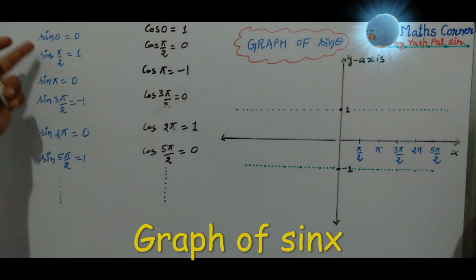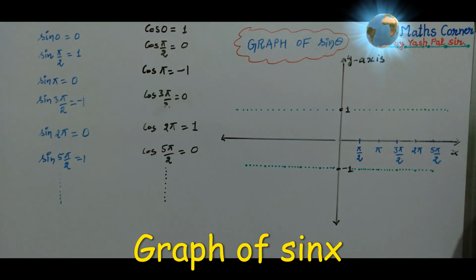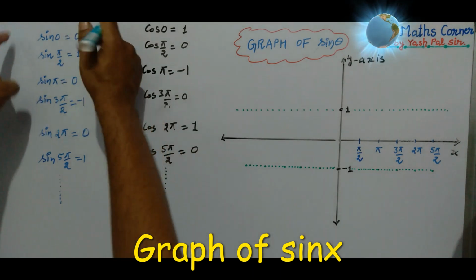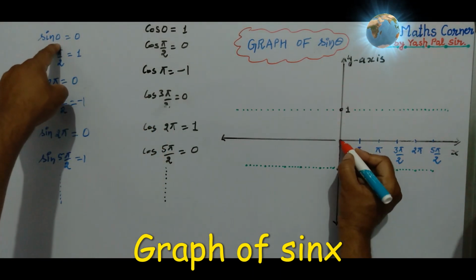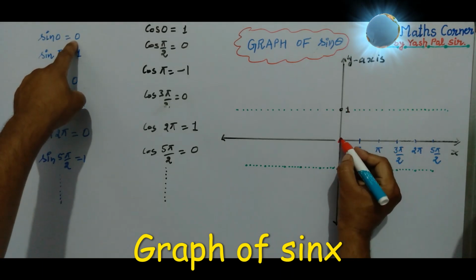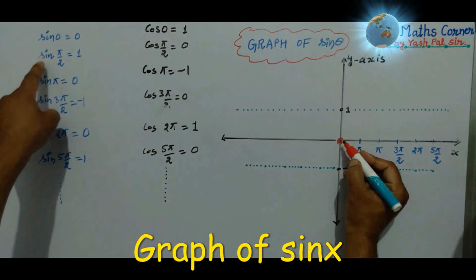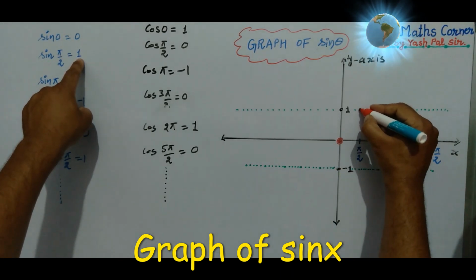Now with the help of these values we are going to sketch the graph of sine x. First of all, we have sine 0, then y is 0, so this point. Sine pi by 2, the value is 1, so here is the value.